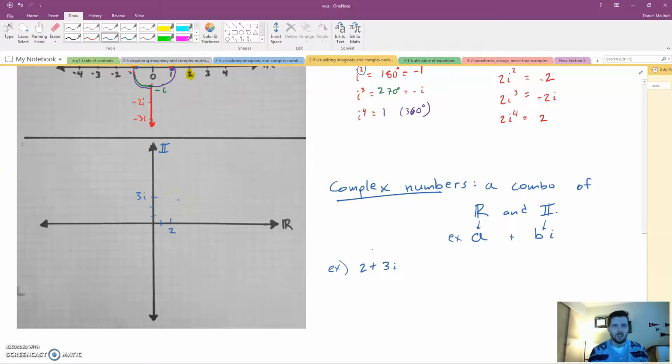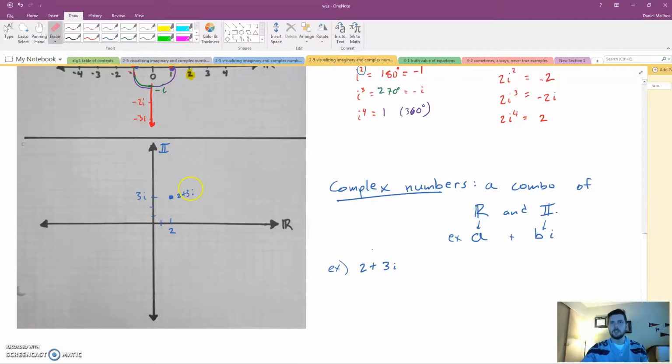And it works just like a regular coordinate plane, like x y, but we're not x y, we're real and imaginary. 2 and 3i would be there. And even if you want to label it 2 plus 3i.